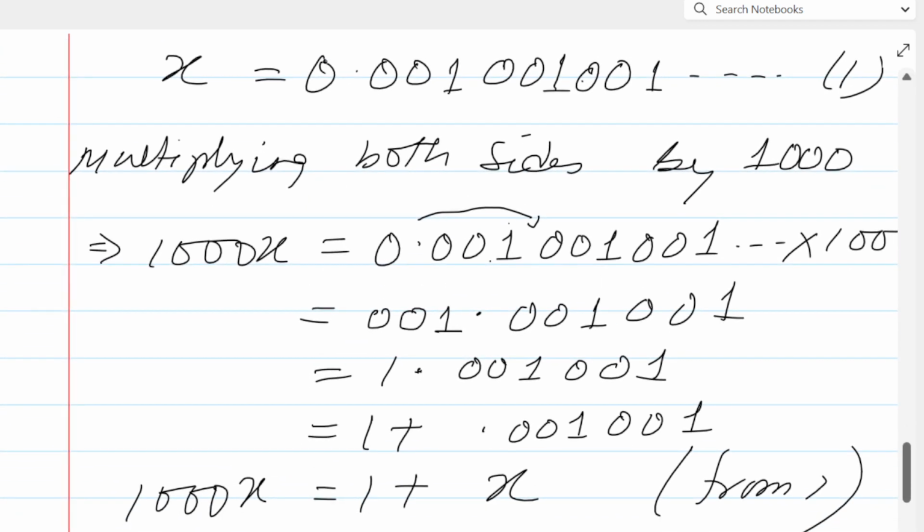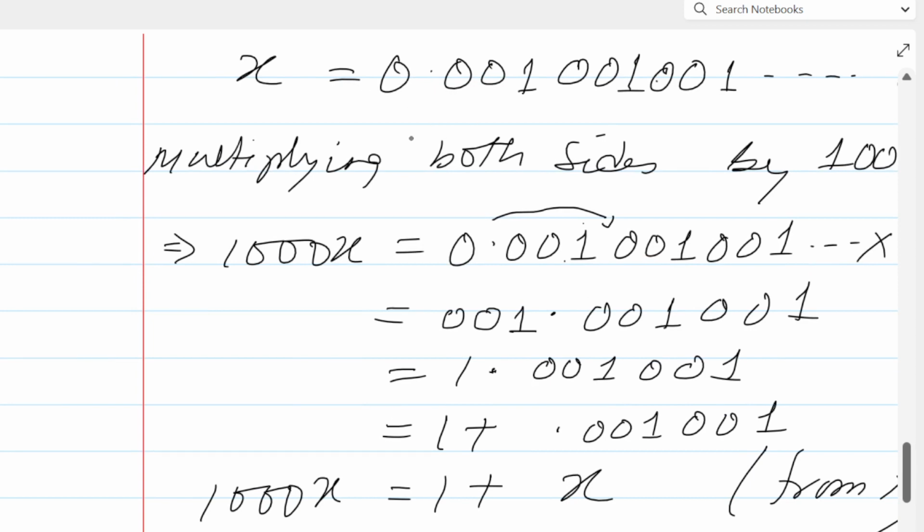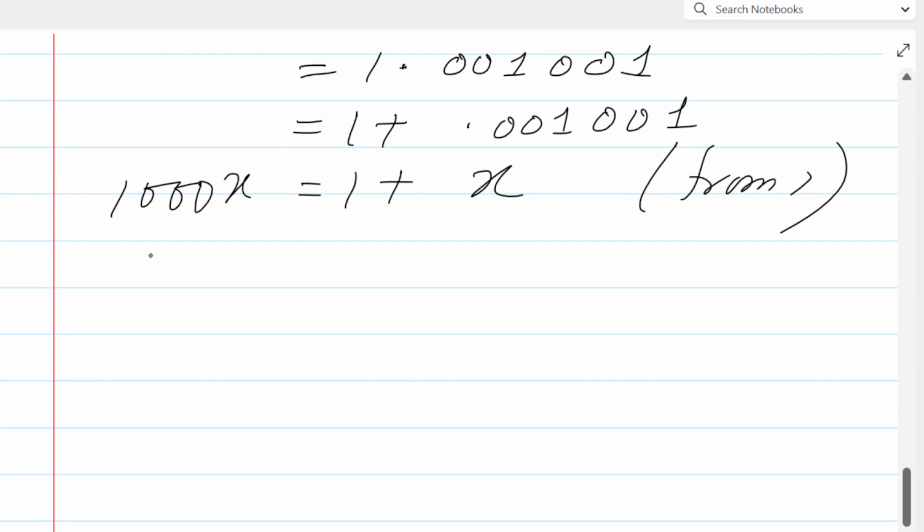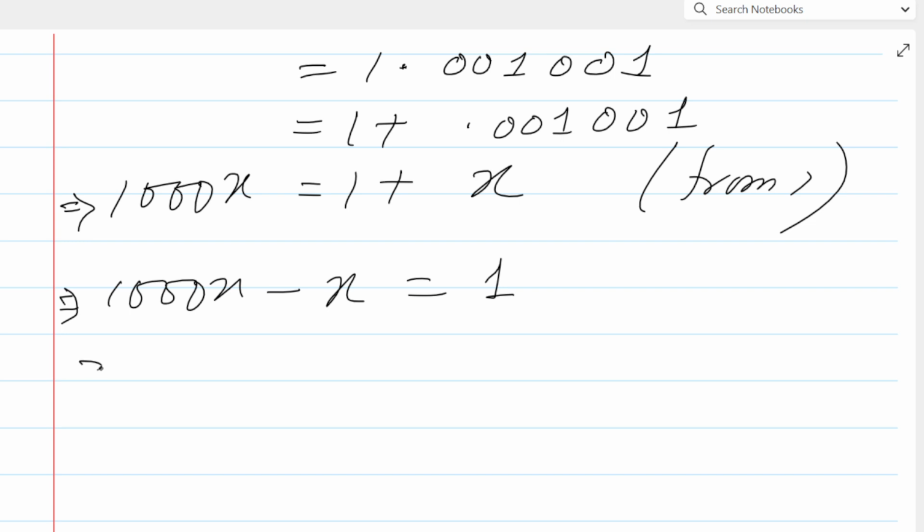So this I can take as x. After this, 1000x equals 1 plus x. The x comes to this side: 1000x minus x equals 1, that is 999x equals 1.